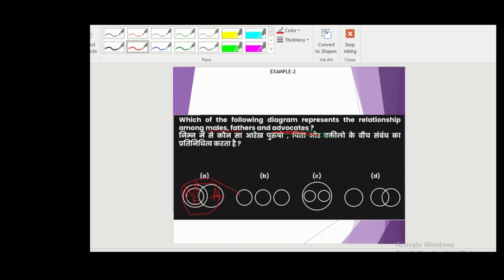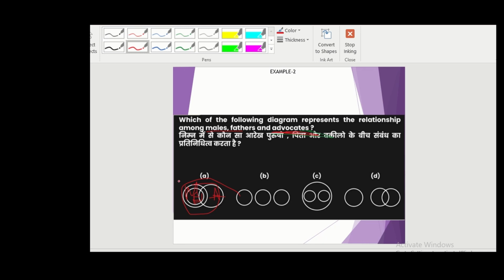There are lots of males who cannot marry or cannot engage with any woman. So in other words, the father, which is this small circle, is inside this broad circle, which represents the male. So A is the correct answer.